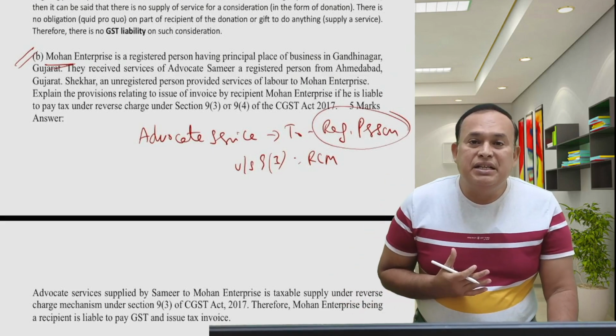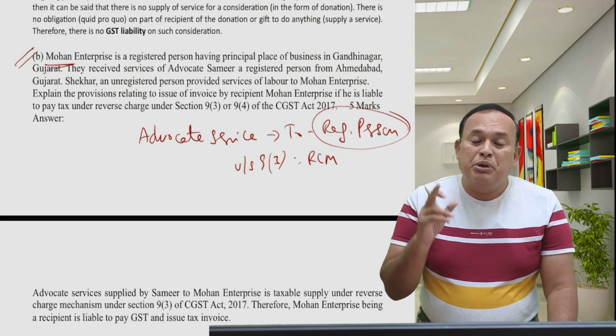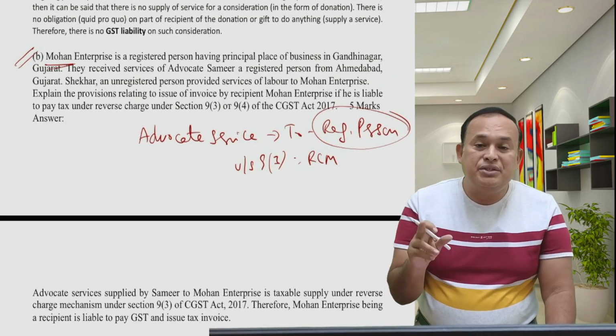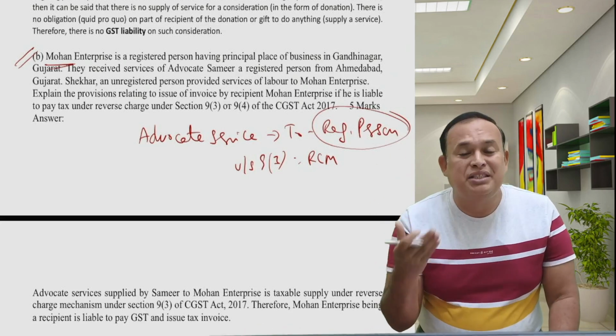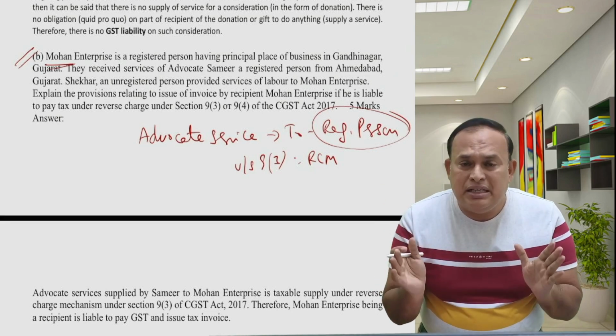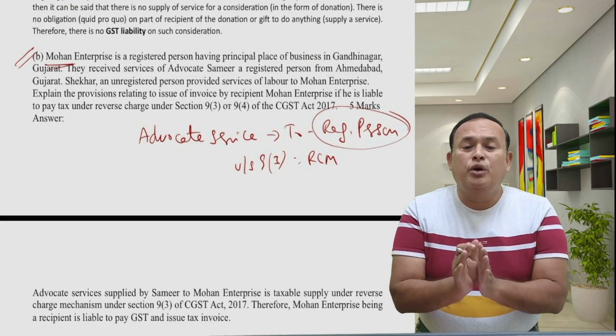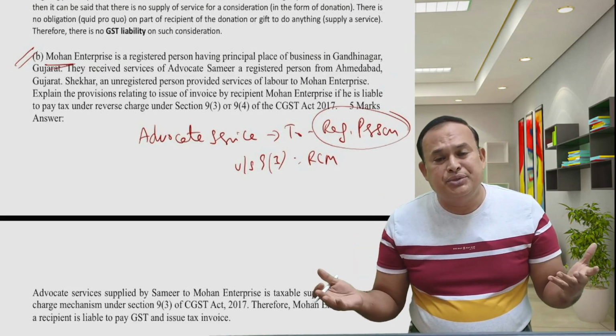In the given case, if Mohan Enterprise, being a recipient, is providing construction supply of services, that time only 9.4 is going to be applied. Section 9 subsection 4 applies with some conditions. Otherwise, section 9 subsection 4 is not applicable to any other supply of services.